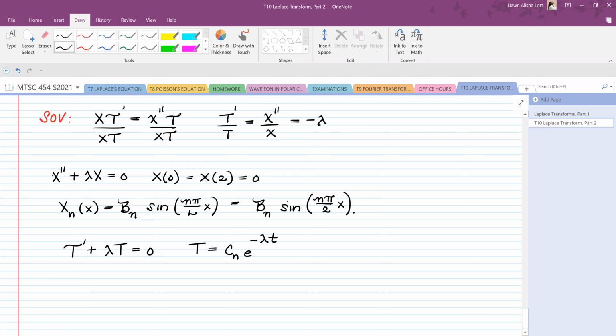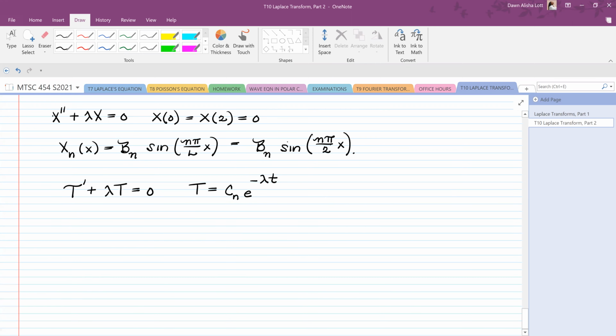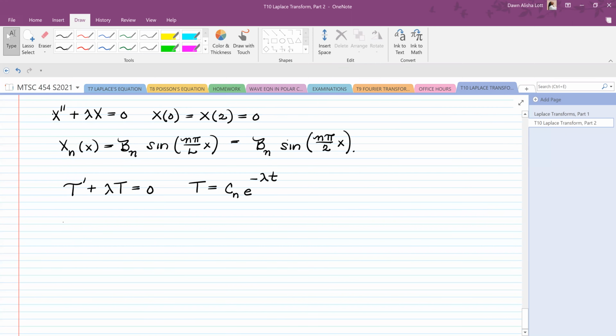So in this case, we're going to get T n of t is some C n e to the minus (n pi over 2) squared t.